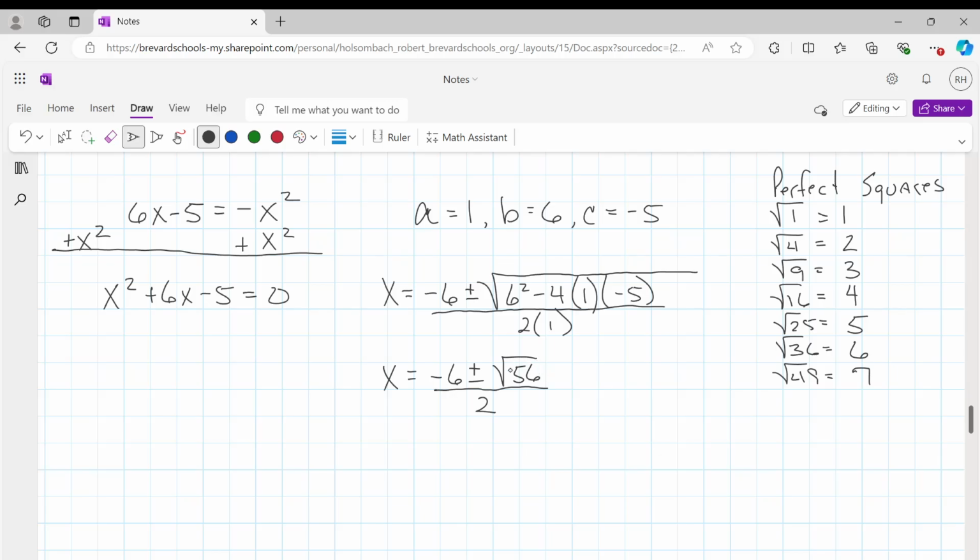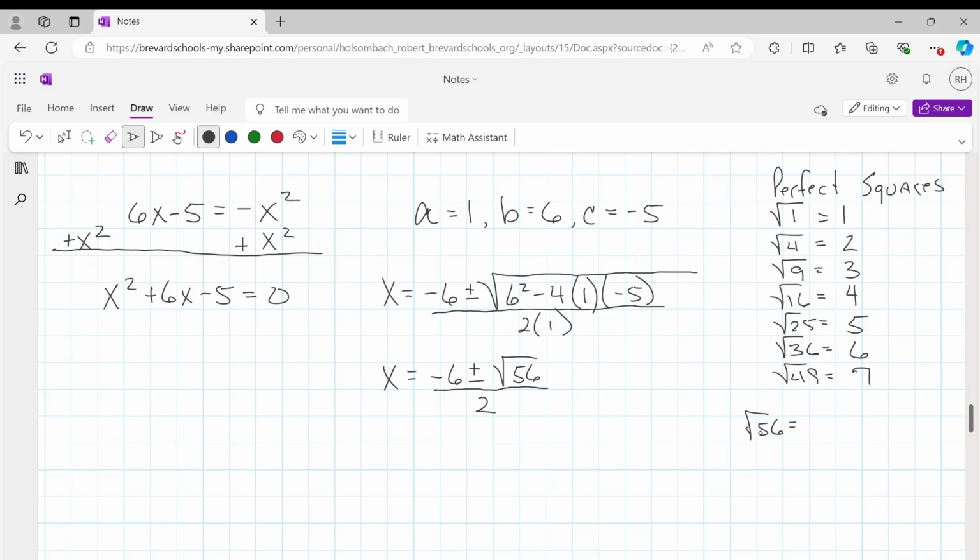Now, this 56 has a perfect square in it. All right, the square root of 56 is equal to, what's the perfect square in 56? 14 and 4.